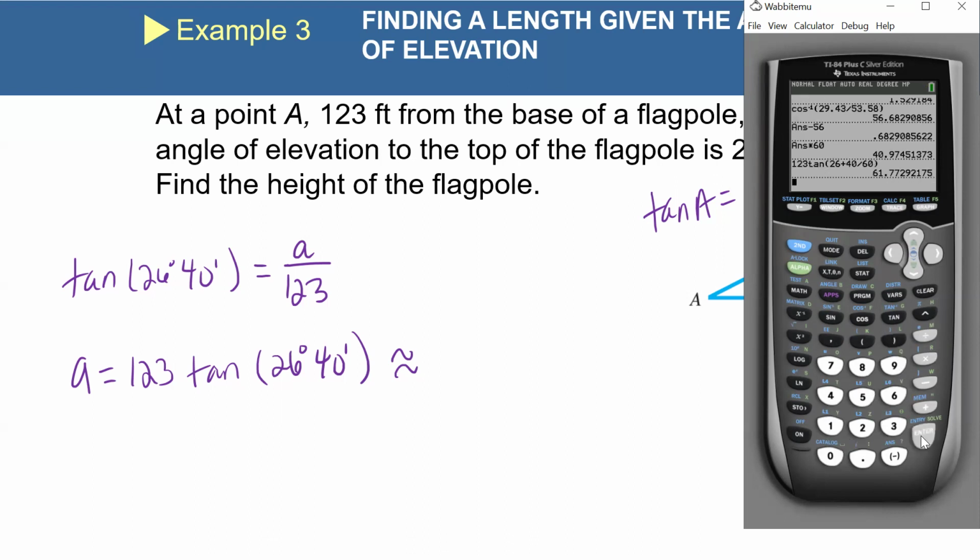And I get 61.8. Why am I going to write 61.8? How many significant digits are given to me? 3. So we're going to write 61.8 feet.